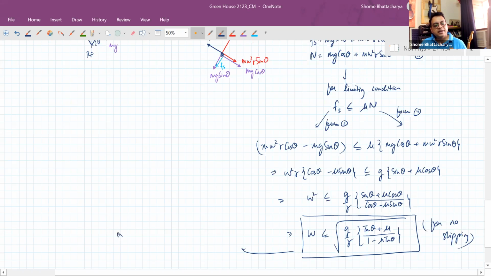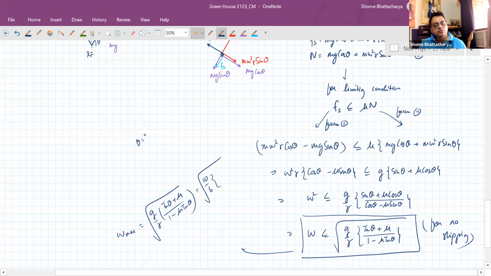So omega's maximum value will be when we take the equality symbol.